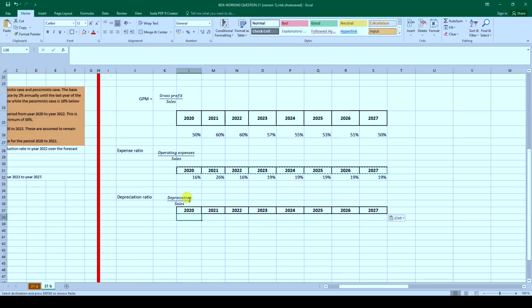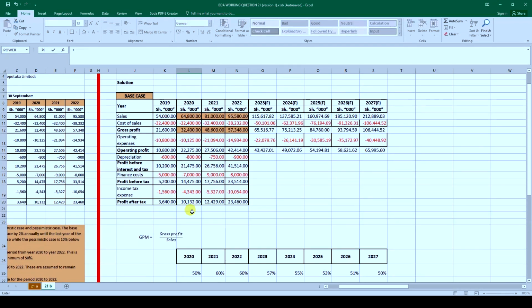Depreciation ratio. For us to get the depreciation ratio from 2020, we just get depreciation divided by the sales. Plus, where is our depreciation for 2020? Depreciation is here for 2020, not 2019, like the way I had almost done previously. So you need to be very careful. That one over the sales, that value.